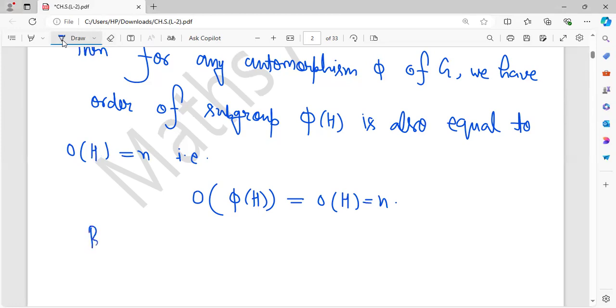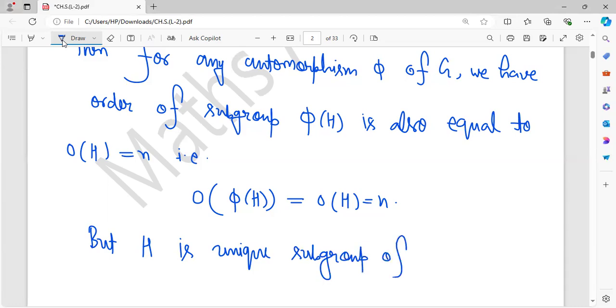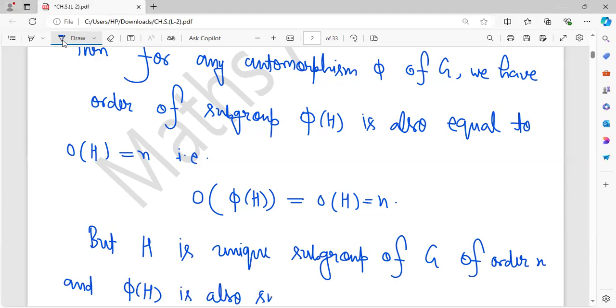But H is the unique subgroup of G of order n, and phi(H) is also a subgroup of G of order n.